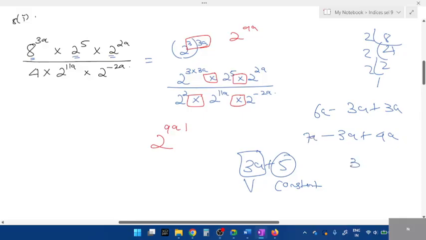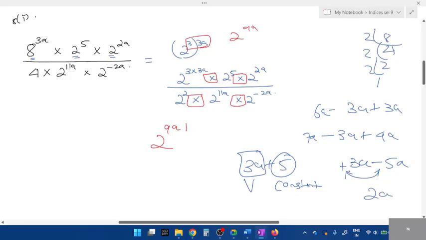If I write 3a minus 5a, 3a is positive, 5a is negative. What is plus into minus? Minus. If I tell minus, it doesn't mean you have to put minus. That is wrong. Minus meaning subtraction. What is 5 minus 3? 2. Okay. So I have to write 2a.